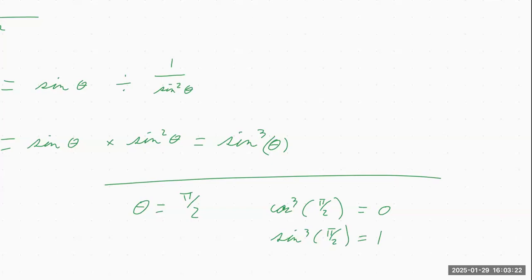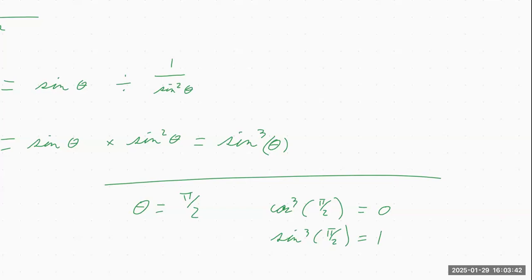We wanted to make the statement that, hey, no matter what angle you try and plug in, these two expressions will always end up equaling each other. You can prove that it is true with identities, but you disprove it if it's not true by plugging in an example.